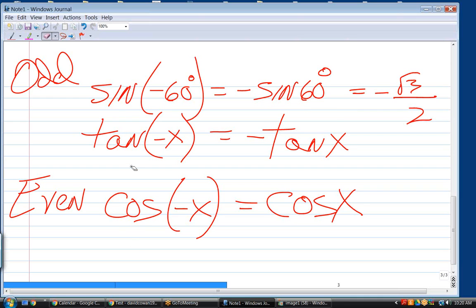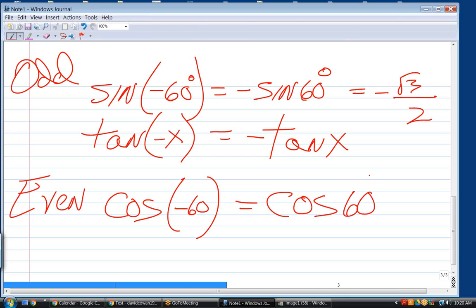So whenever you're taking any of the trig functions of negative angles, the easiest way to handle it is to convert it to a positive angle. So the cosine of minus 60 degrees is the same as the cosine of 60 degrees.